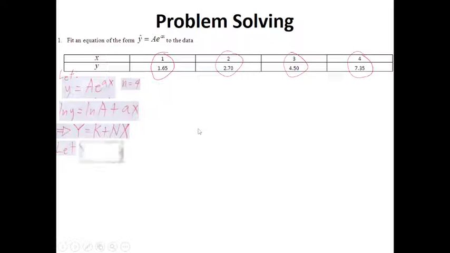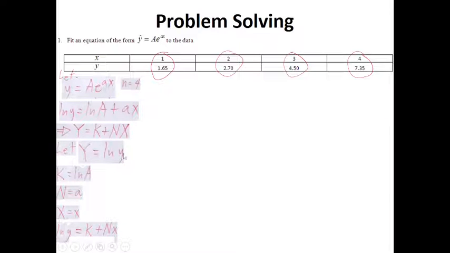So we let Y equals ln y. In that case, k is ln a, as I have mentioned a while ago, and n is equal to a, as well as X equals x.